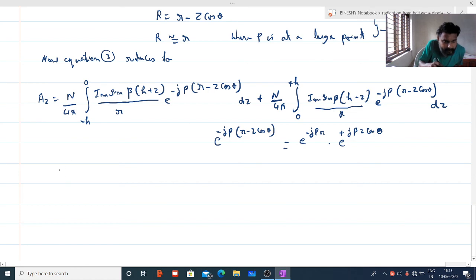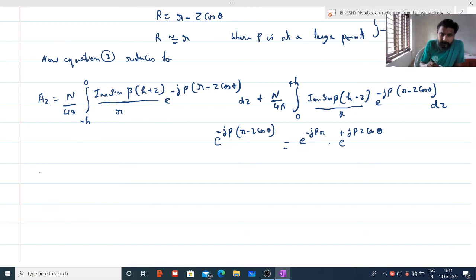I will replace e raised to minus j beta (r minus z cos theta) as e raised to minus j beta r into e raised to j beta z cos theta, taking e raised to minus j beta r outside, and keeping only e raised to j beta z cos theta inside the integral part, since it is with respect to z and is not a constant term.